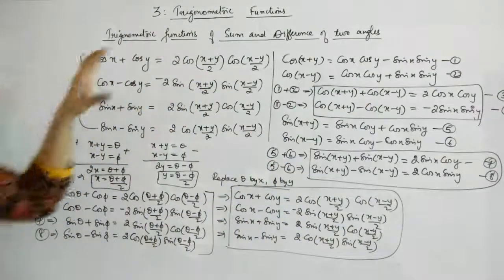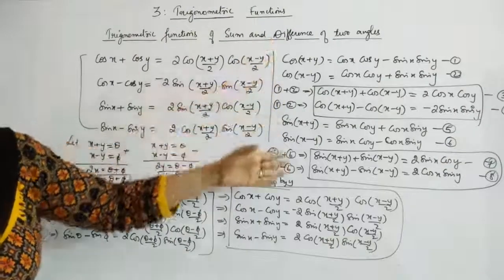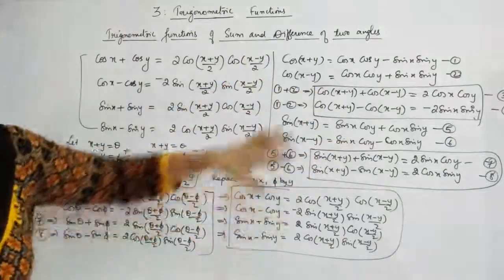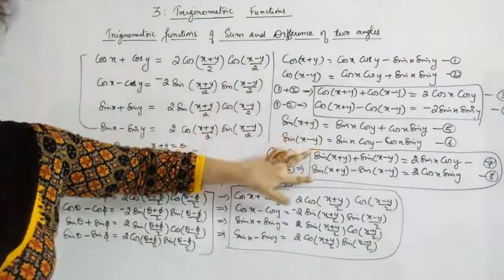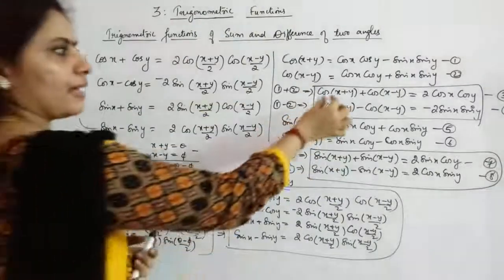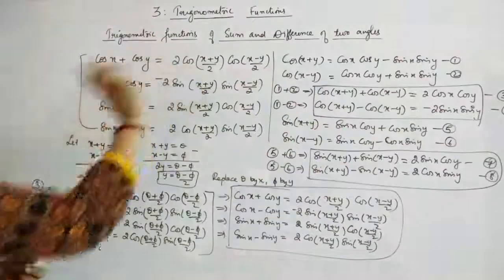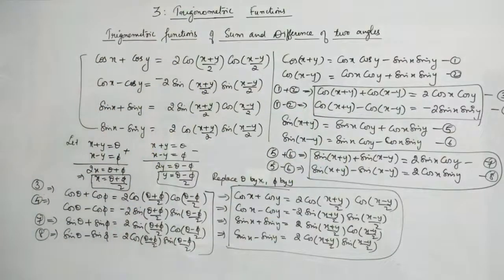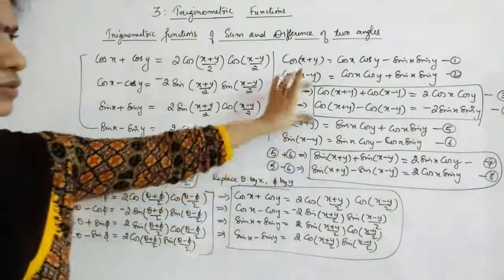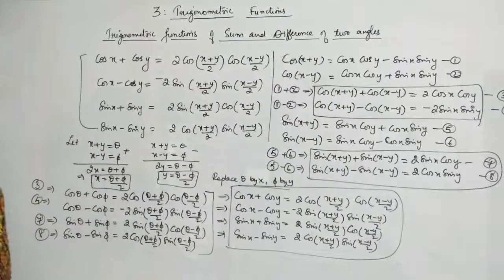In order to get something we added and subtracted, but all these are also formulae. These 4 also act as formulae, because if your angle is like this you have to use this formula, and if your angle is like this you have to use that formula. Understood? So altogether you have 4 and these 4 to be studied thoroughly.